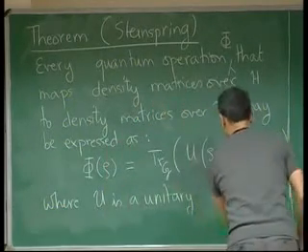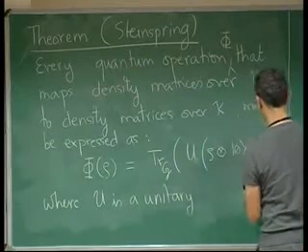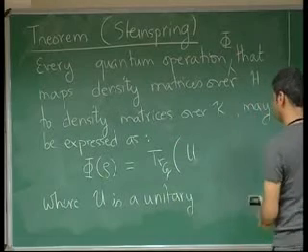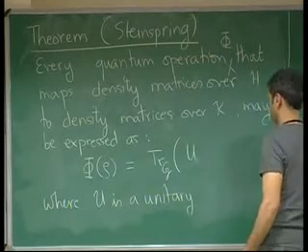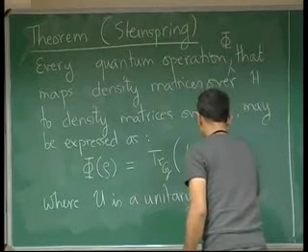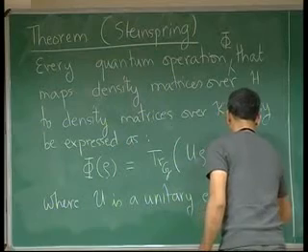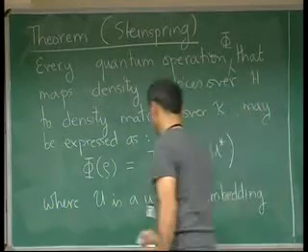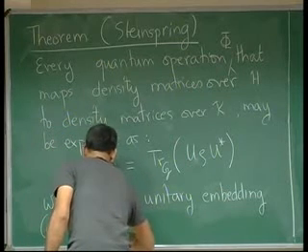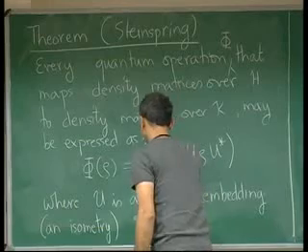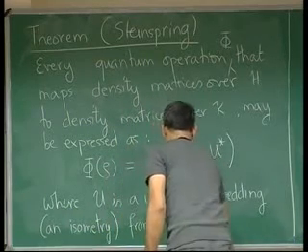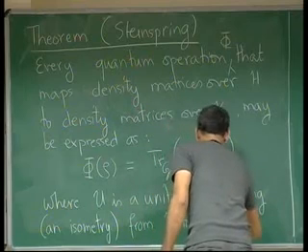Let me make a small change here. Let's write it as U rho U dagger, where U is a unitary embedding, or what's known as an isometry, from H to K tensor G.